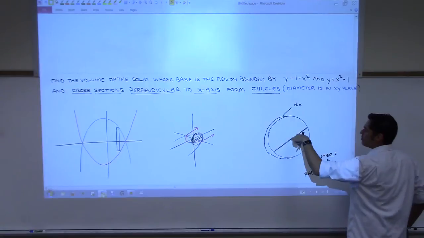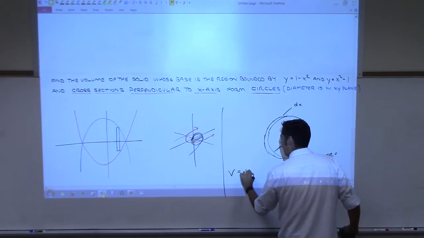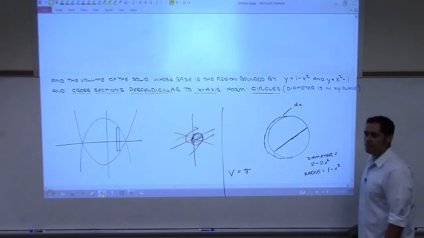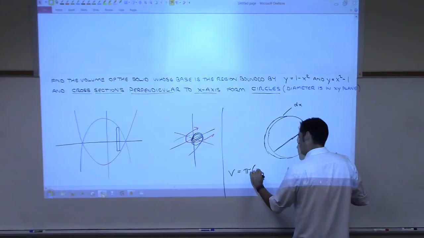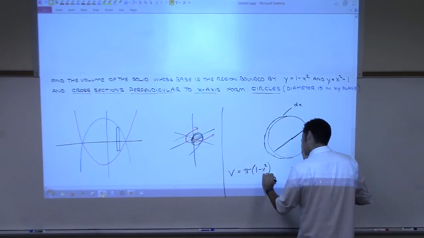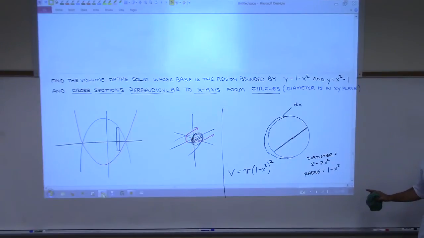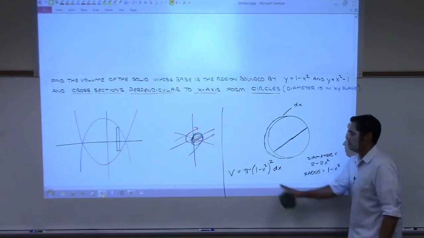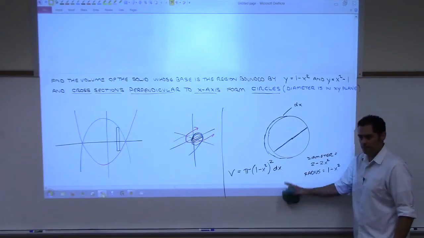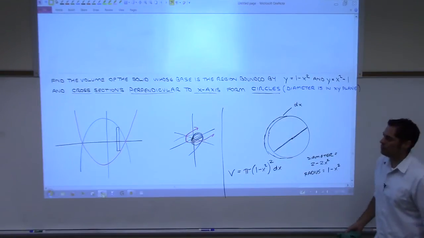Questions? So the volume of this little piece is equal to pi times your radius squared times the height, dx. Pi r squared times height. That will give me the volume of one little slice. I just need to add them all up now.